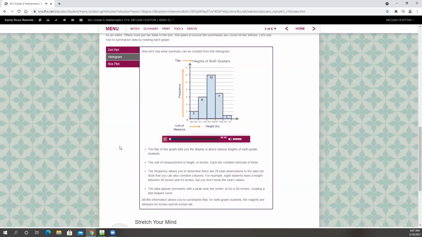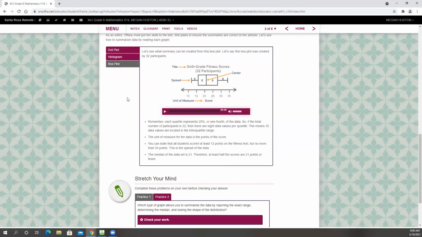The title of this graph. That was the histogram.